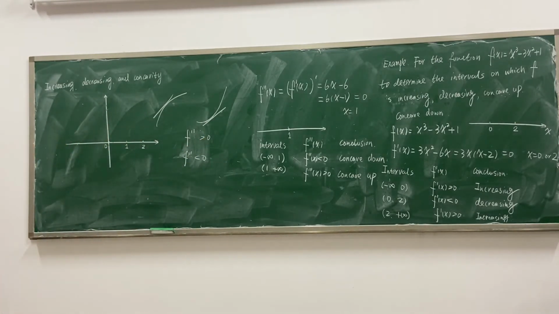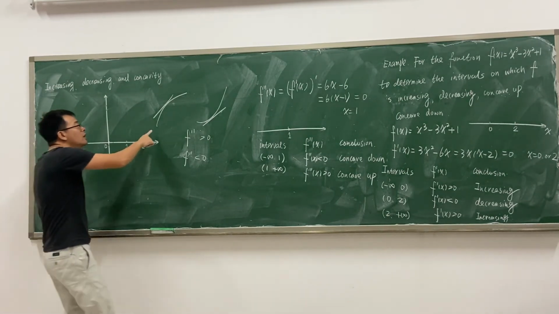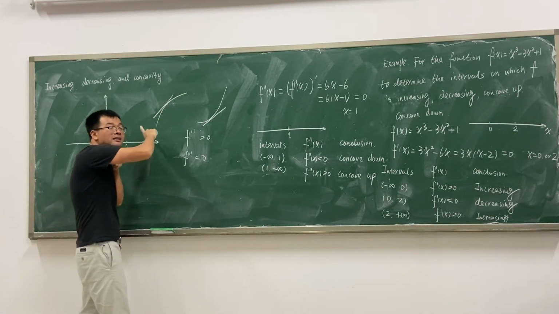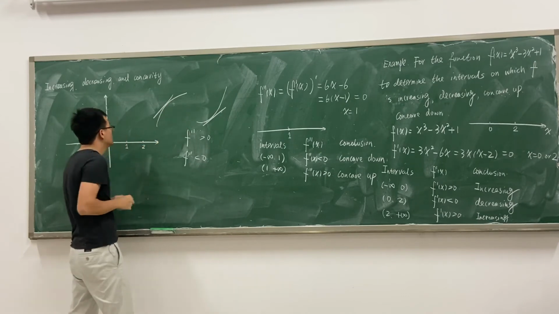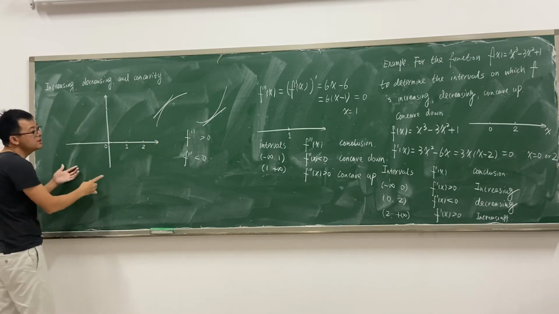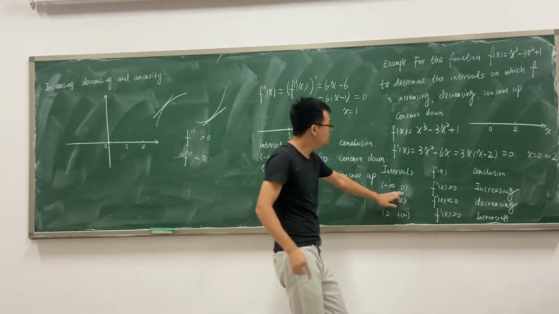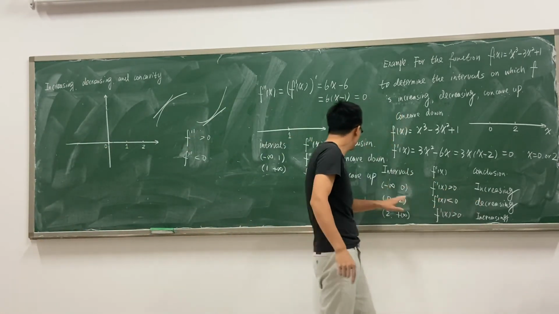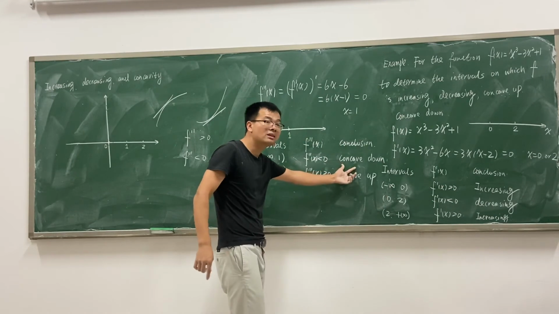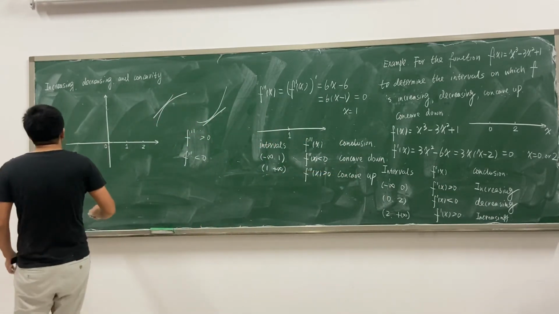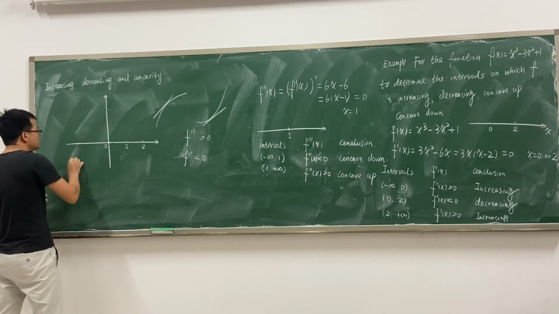Concave up means the graph lies above, and concave down means the graph lies below. So here, from minus infinity to 0, it is increasing and concave down. So here it is actually like this.